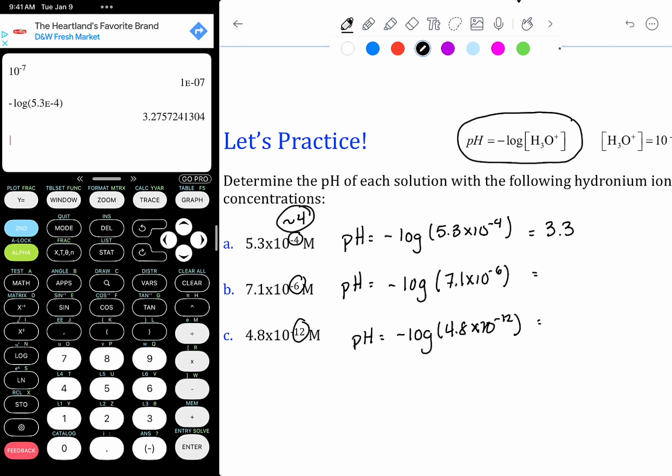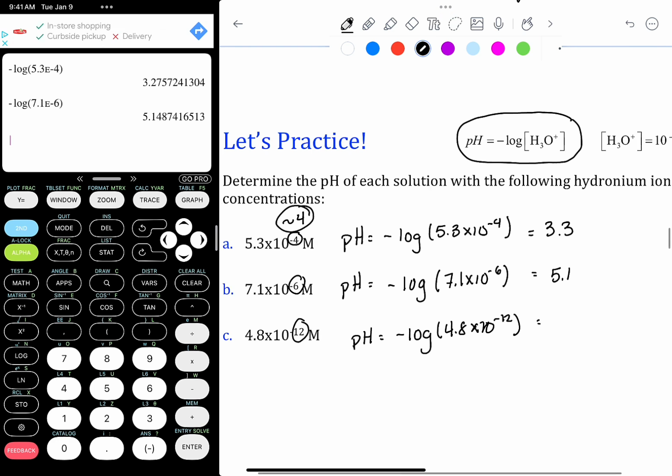Okay, so we do negative log of 7.1 times 10 to the negative 6. That's 5.1 for our pH. And then we have negative log of 4.8 times 10 to the minus 12, and that is 11.